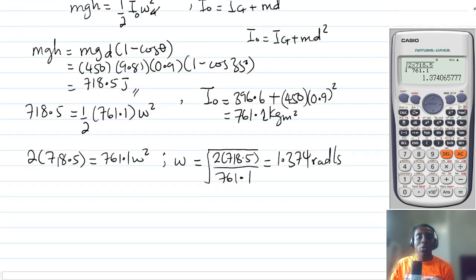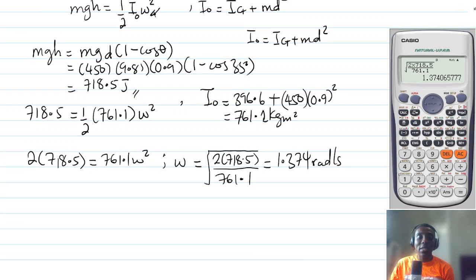Okay, so this is the speed, but the speed will help us to calculate the force. We want to calculate the radial force, which is the centripetal force, but don't forget that the actual force will come in two components: the tangential component and the normal component.